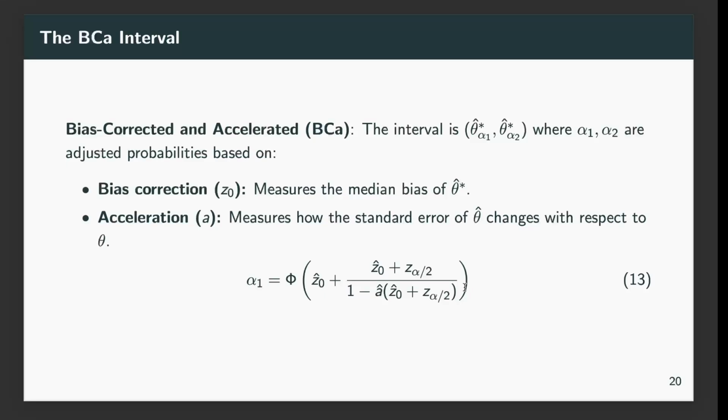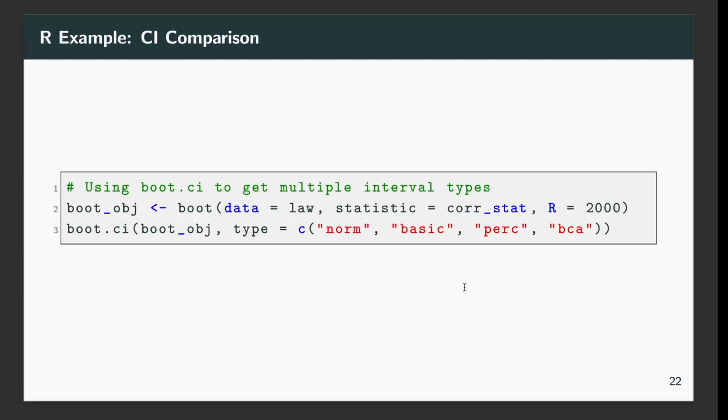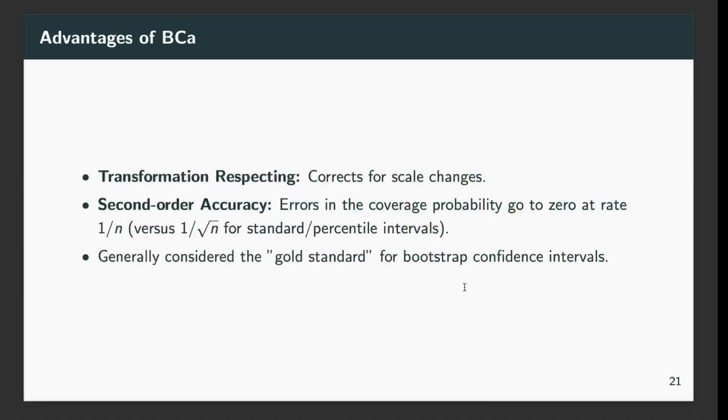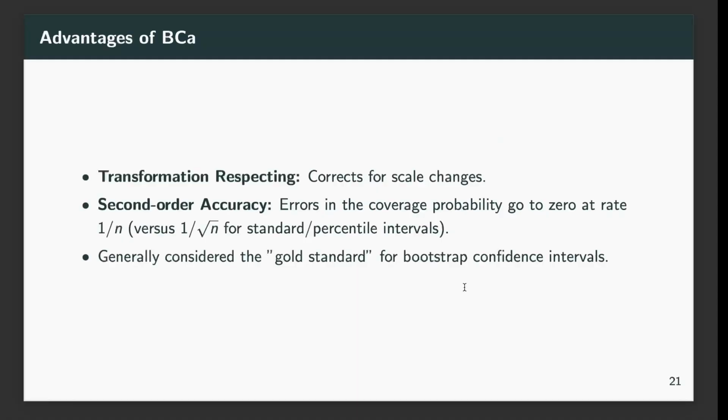So the BCA will typically give different and most of the time more accurate intervals than the percentile method. I think the exercise for the BCA might be in the book, so you can just refer to the book.